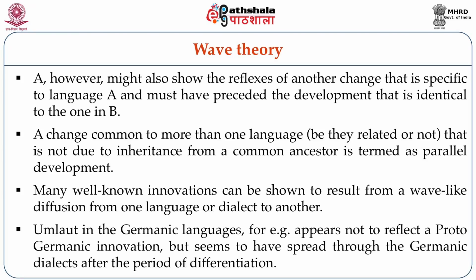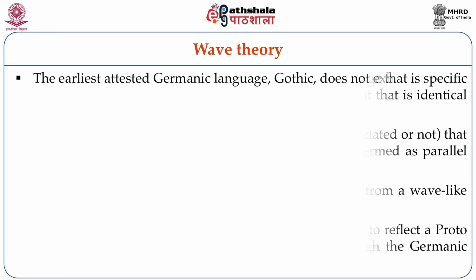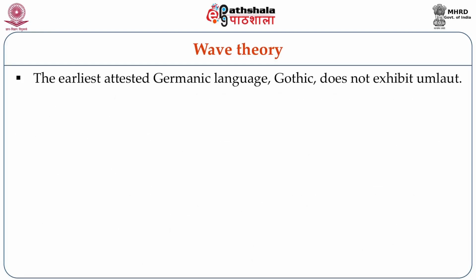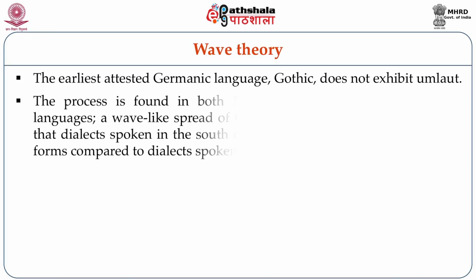Umlaut in the Germanic languages, for example, appears not to reflect a Proto-Germanic innovation, but seems to have spread through the Germanic dialects after the period of differentiation. The earliest attested Germanic language, Gothic, does not exhibit umlaut.